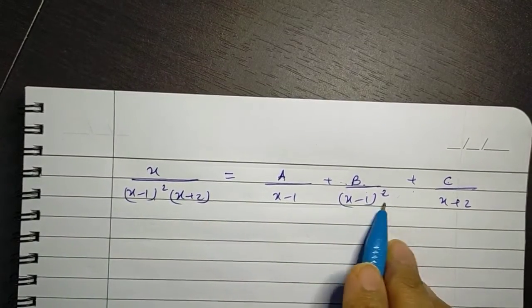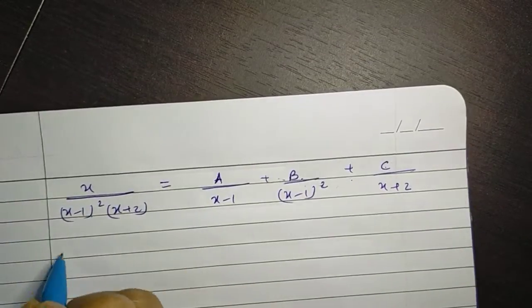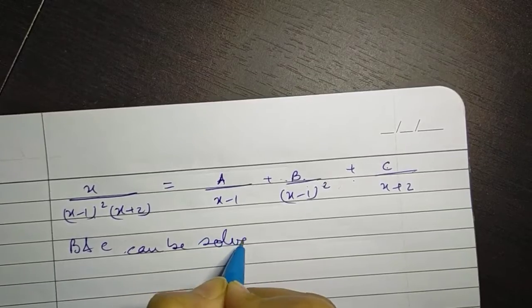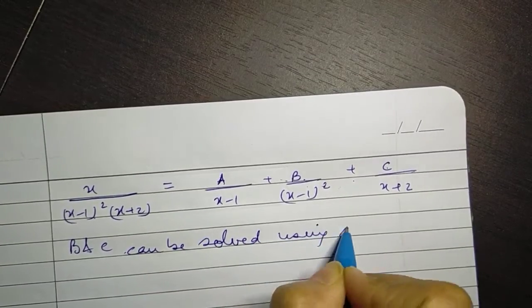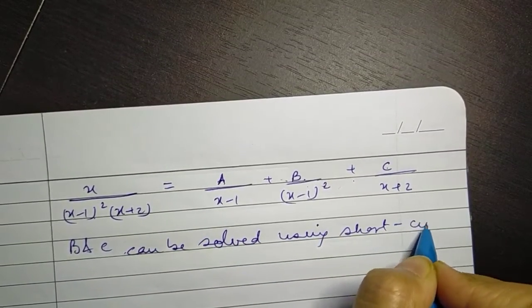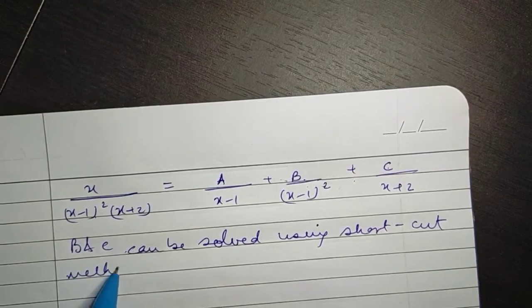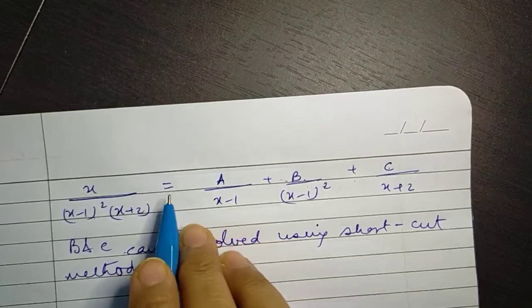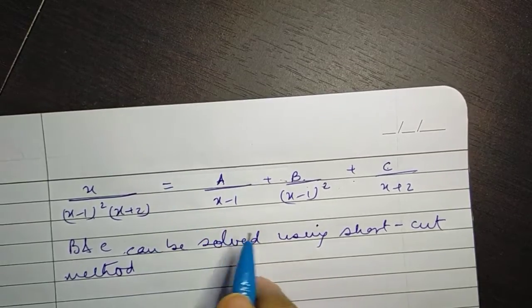So b and c can be solved using the shortcut method, and then the remaining coefficient a can be solved later by taking the LCM.